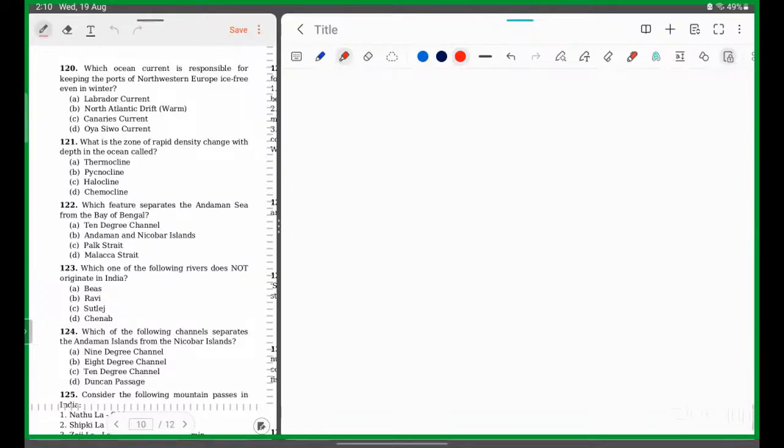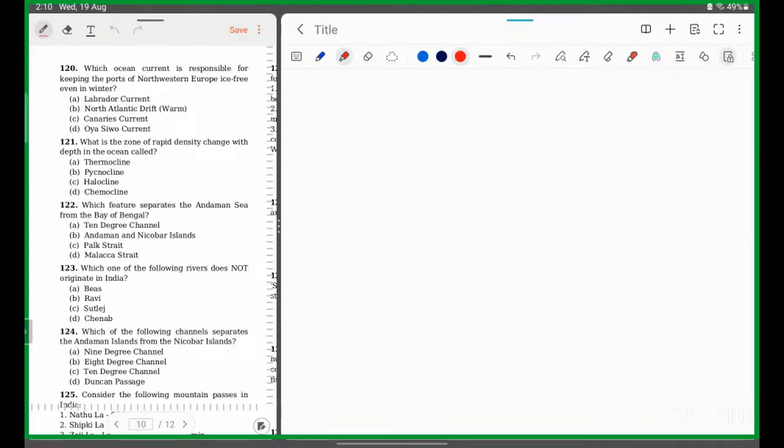Coming to next question, 121. What is the zone of rapid density change with the depth in the ocean core? This is known as B, synucline. Let us focus on the others as well.